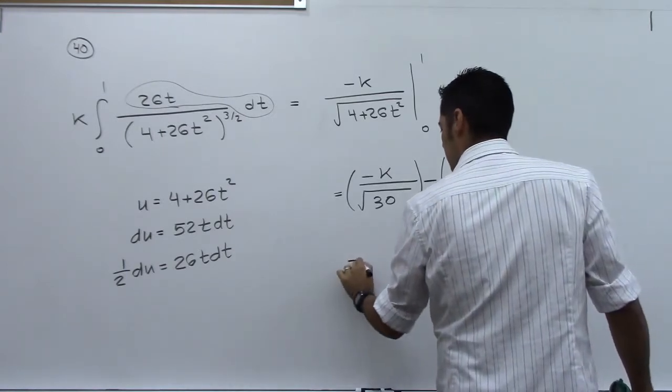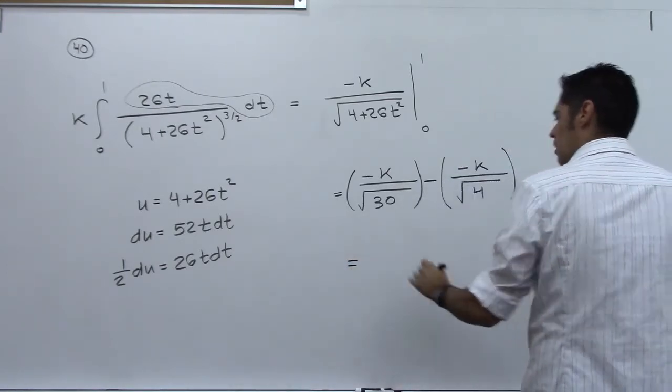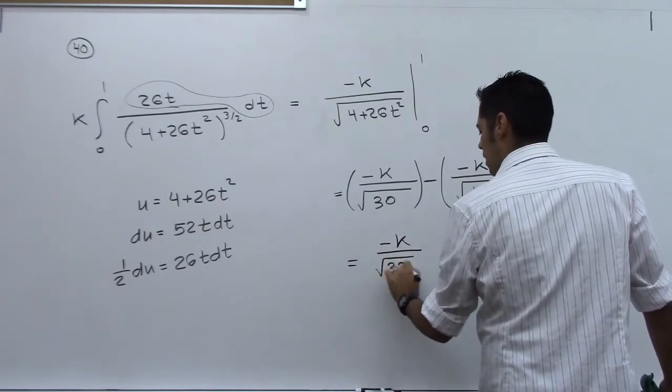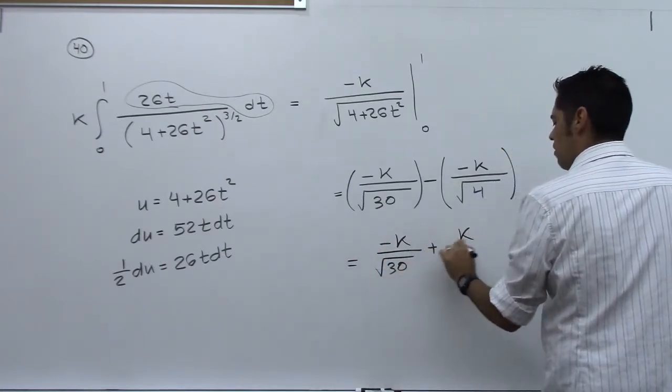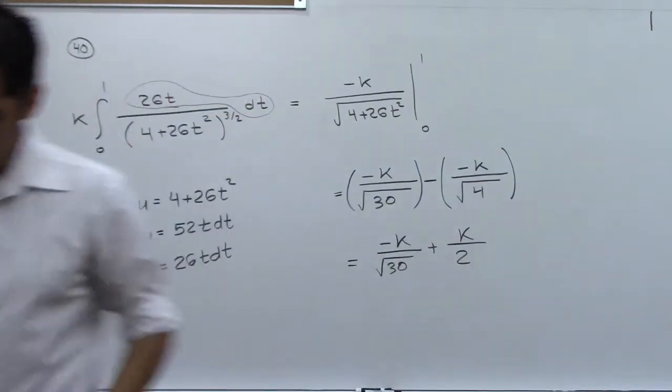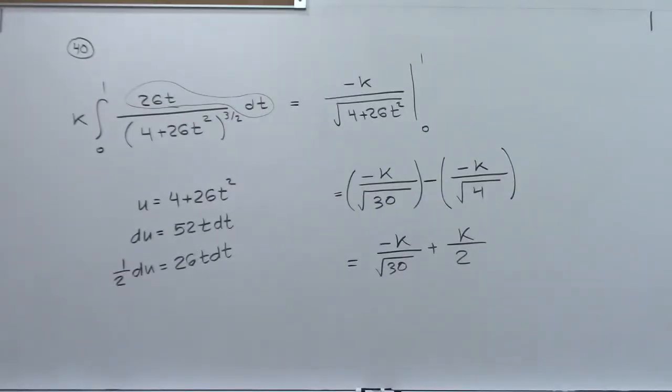So this is going to become, what can I do here? Negative k over root 30 plus k over 2. Let's see if we want to clean that up at all. I think that's the way the book leaves it. They factor out a k, but this is good enough.